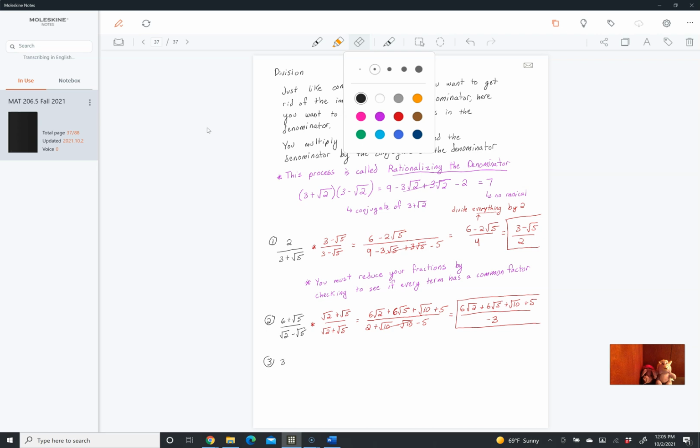So 3 plus square root of 7 over 5 minus square root of 7. So what do we do here? We multiply by the conjugate of the denominator. So the conjugate of 5 minus root 7 is 5 plus root 7. We do that on top and we do that on bottom.